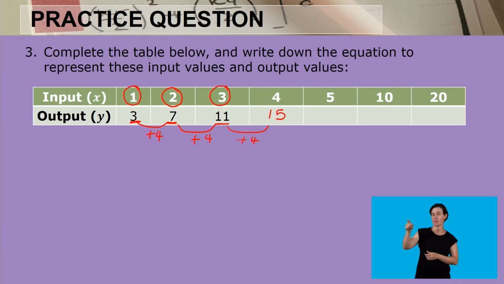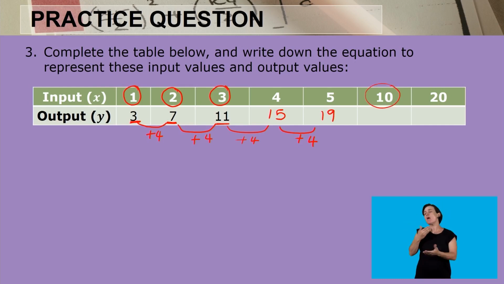And again, the next input is a 5, which is consecutive because after 4, it is 5 on our number line. So we are going to again add 4 to our 15, and that is going to give us a 19.